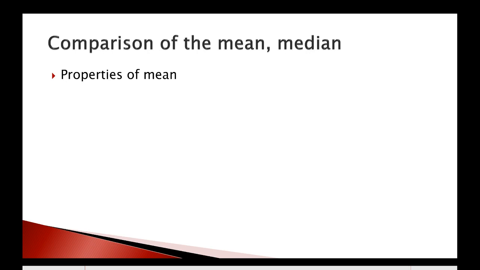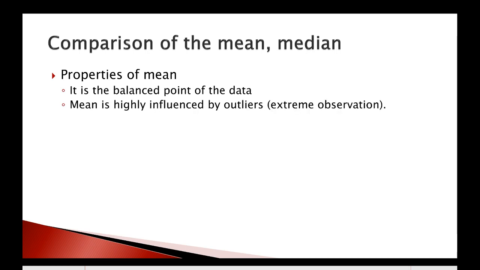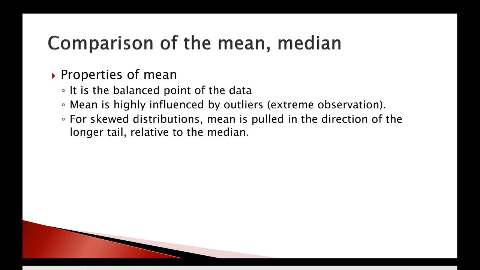Let's look at the properties of the mean first. It is the balance point of a data set. Mean is highly influenced by outliers or extreme observations. For a skewed distribution, the mean is pulled in the direction of the longer tail relative to the median.